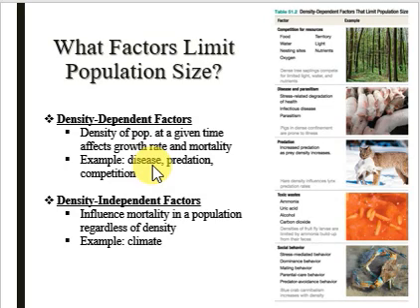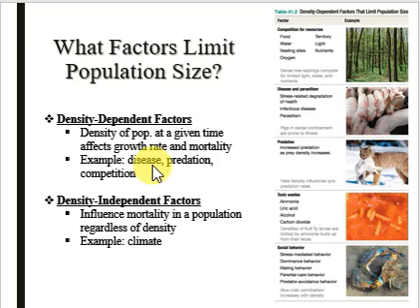Now, this is slightly different from density-independent factors. Density-independent factors, such as variation in climates or weather patterns, most of them are abiotic. And they operate by changing birth rates and death rates irrespective of population size.